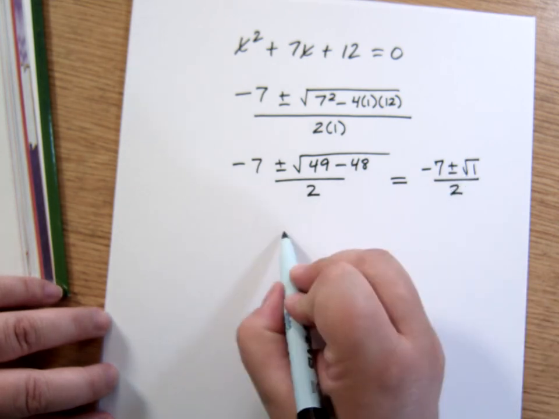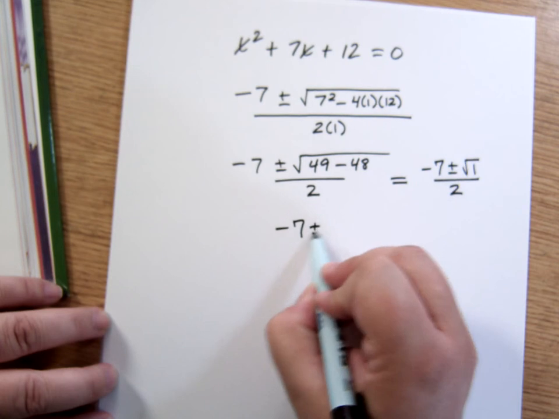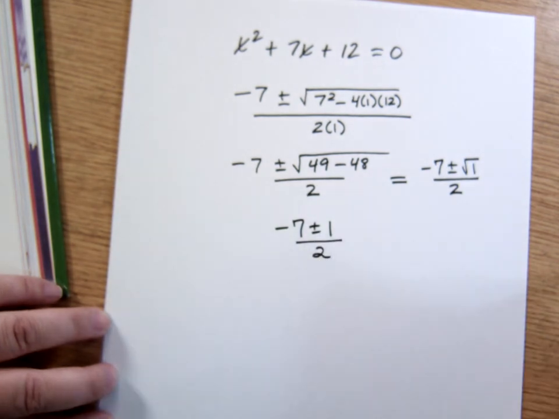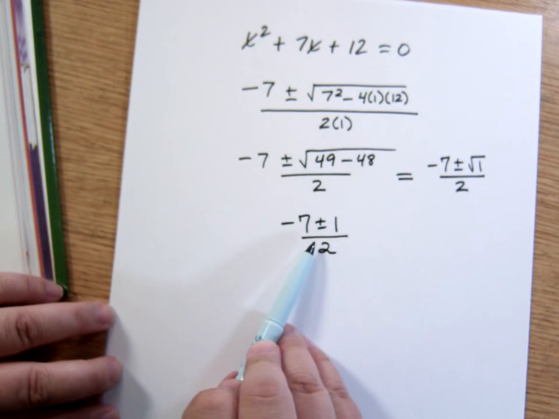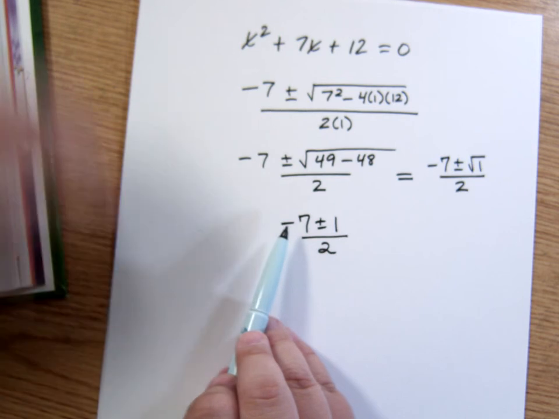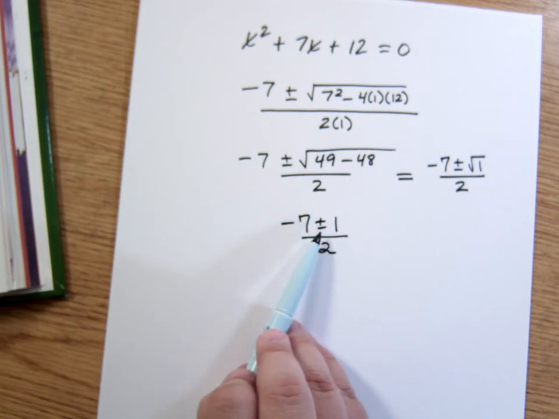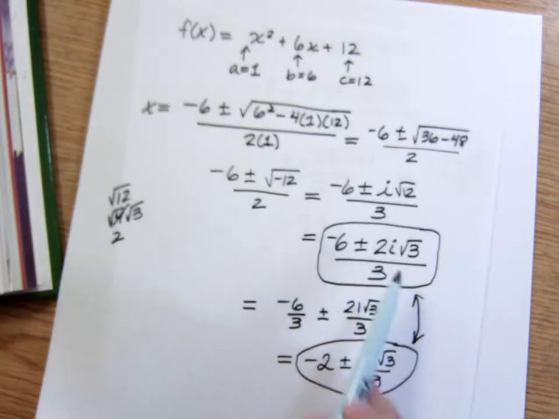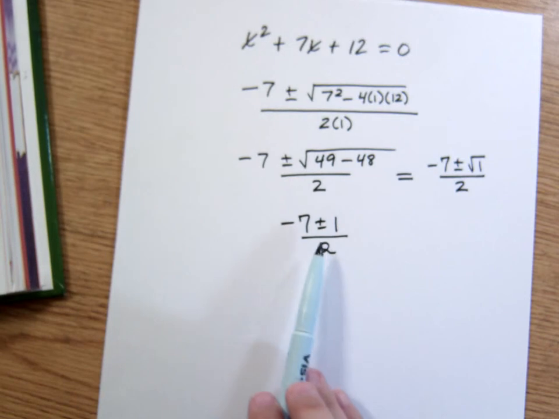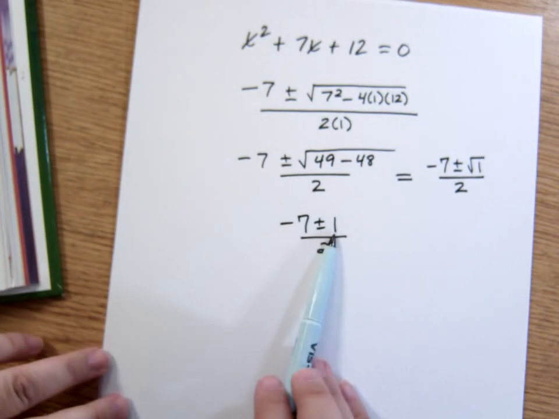So this needs to keep going. -7 plus or minus 1, because the square root of 1 is 1. Secondly, you couldn't stop here because I know how to add -7 and 1, and I know how to add or subtract, really, -7 and 1. The reason we stopped here before is because you can't add or subtract numbers that are under a radical with numbers that are not. But I can add or subtract numbers that are both regular old numbers.